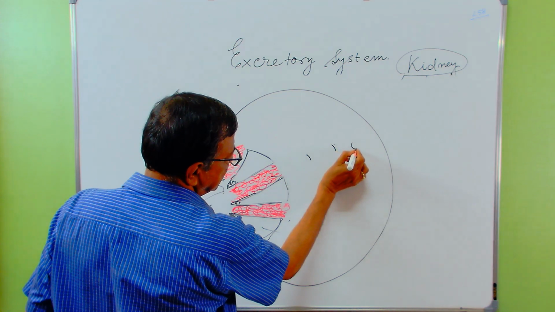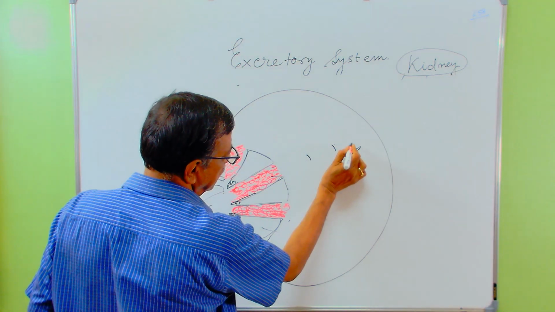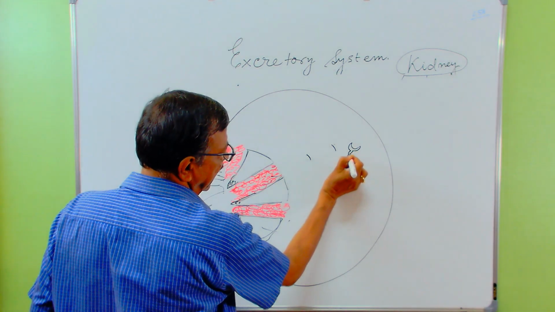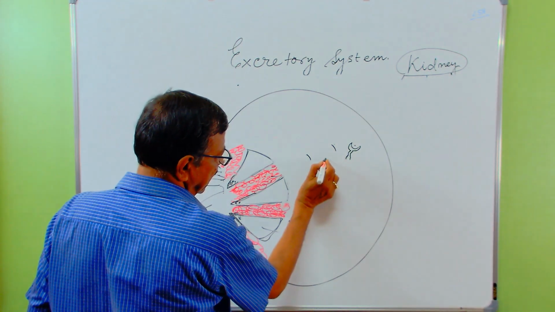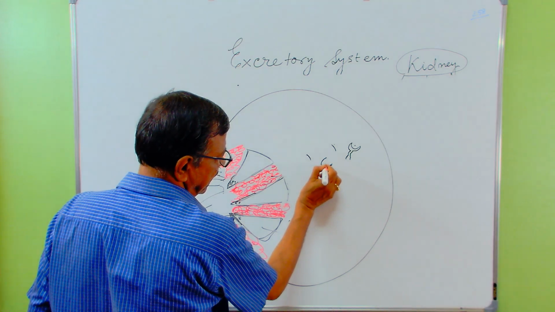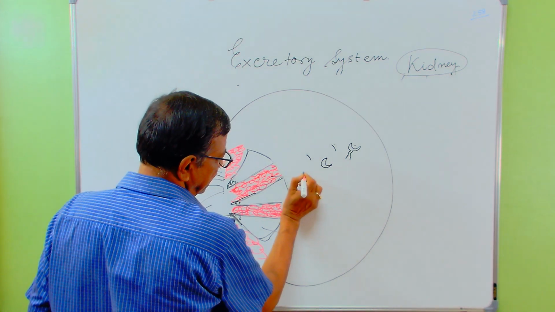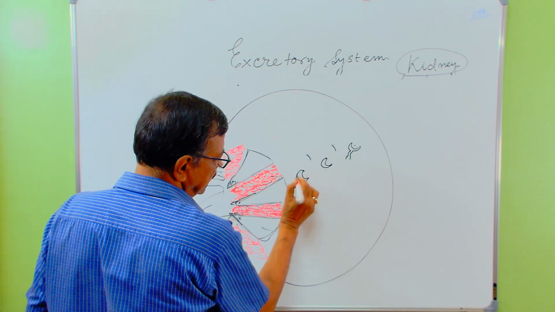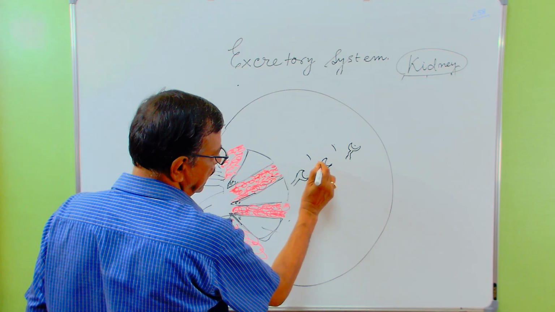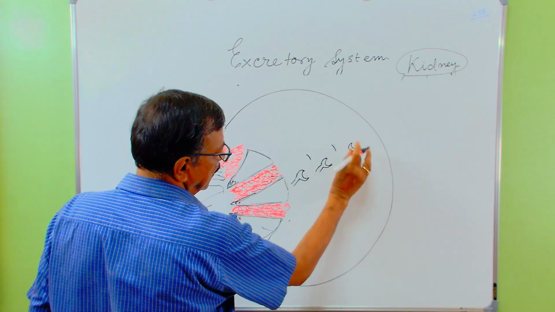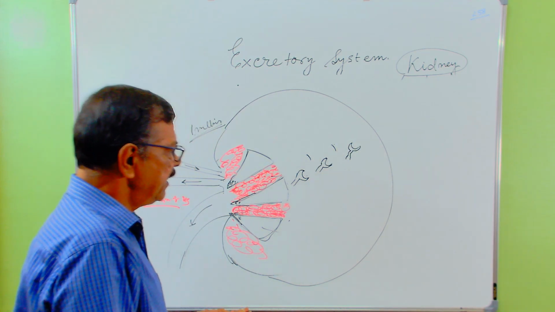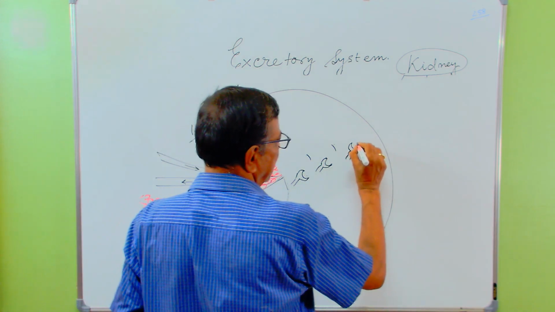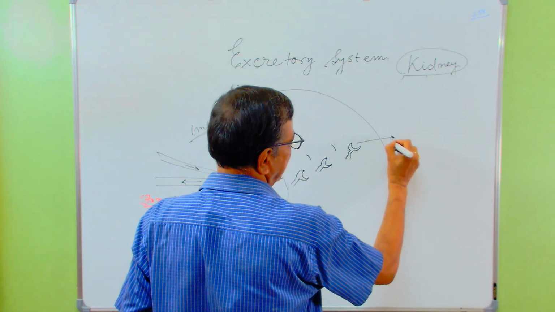Where the glomerulus is here, the nephron starts from here, and this is the glomerulus position. If the glomerulus is here, so based on this position, there are two types of nephron. The cortical ones are called superior glomerulus or superior nephron.